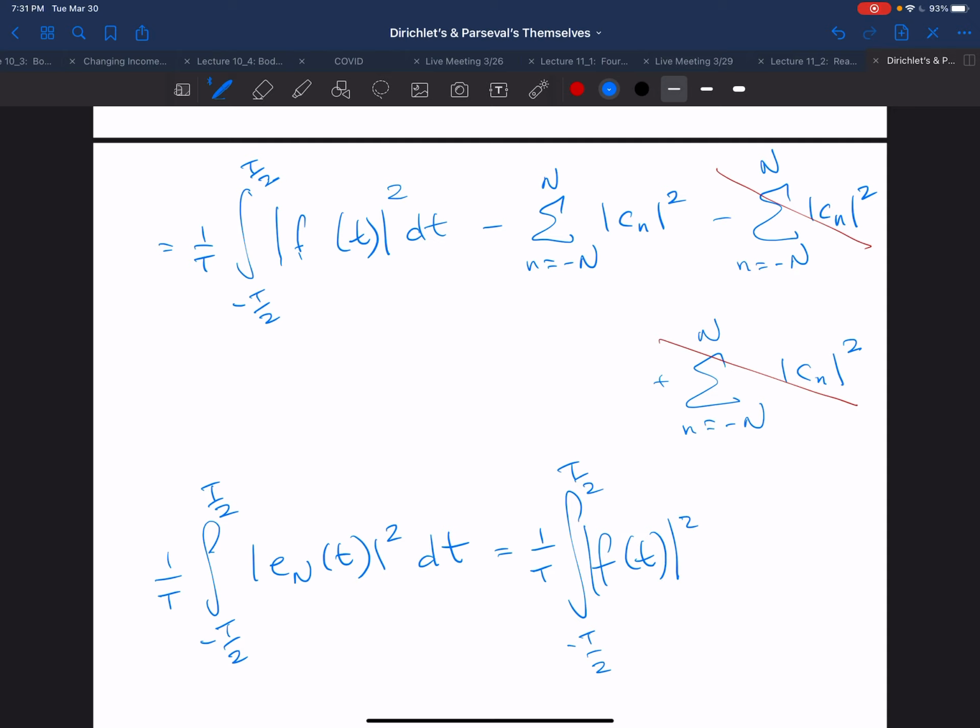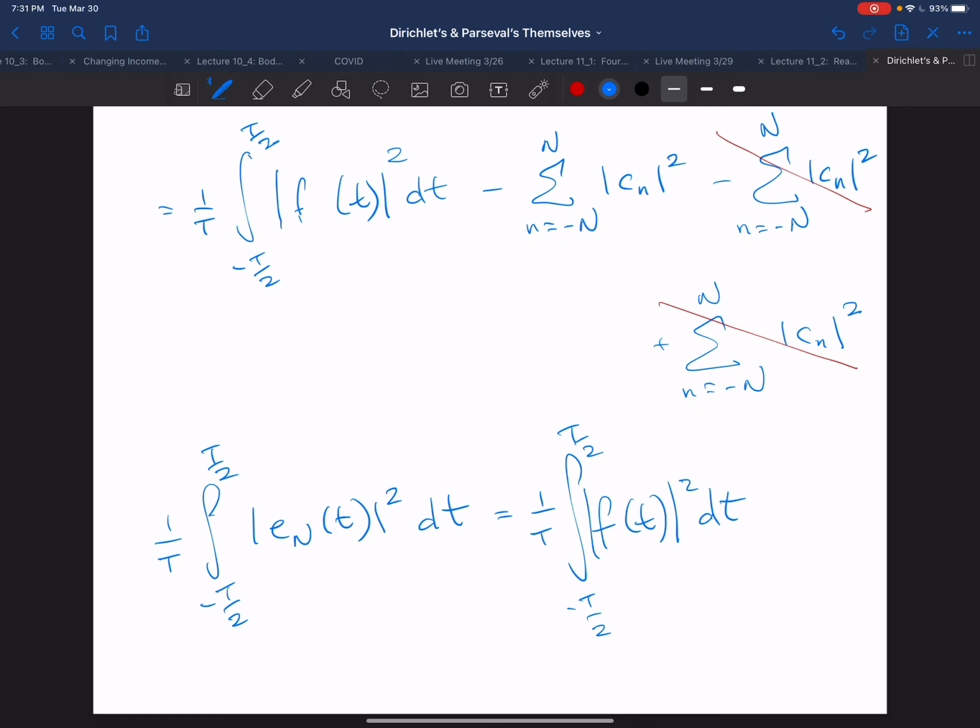The average power in the function that we're trying to approximate minus the sum of the squared moduli of the coefficients. And in the previous lecture, we saw that this modulus of c n squared was precisely the power in the nth term of the Fourier series.